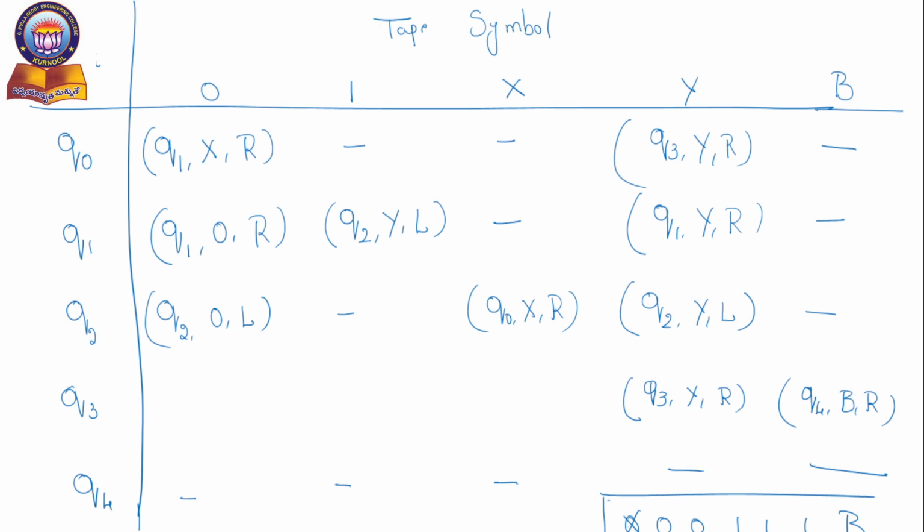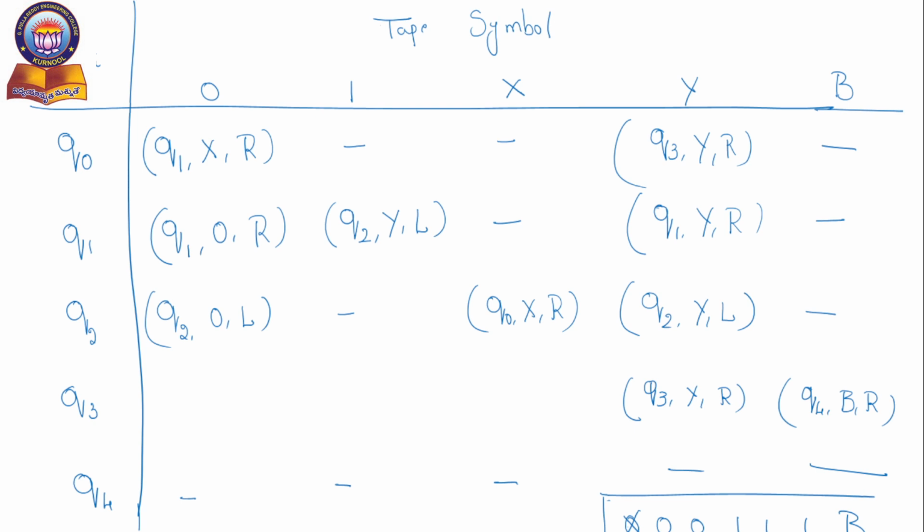So this is the logic corresponding to the Turing machine for the language 0^n 1^n. I will repeat the logic again. State Q0 is entered initially and prior to each replacement of the leftmost 0 by X. State Q1: we are using the state Q1 to search right, skipping all the zeros and Y's until it finds the leftmost 1.